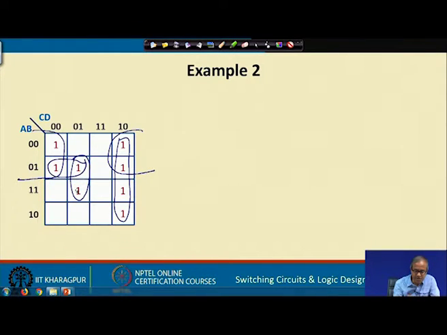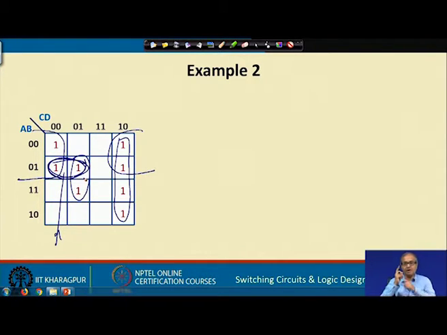So, you see I need one extra cube here, and this cube is redundant because the cells that this cube is covering are already covered by some other cubes.